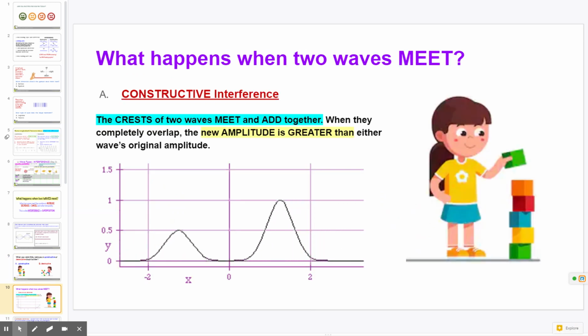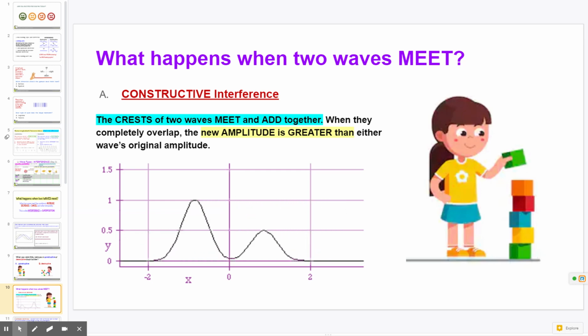Okay, so what happens when two waves meet? One thing that can happen is something called constructive interference. So think about a constructive block builder. They make a bigger building. If the crests of two waves meet, they can add together.